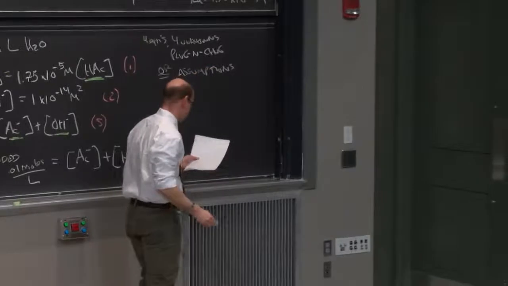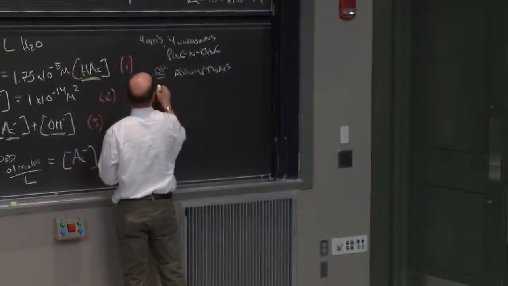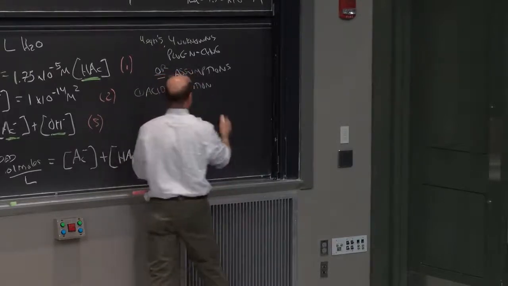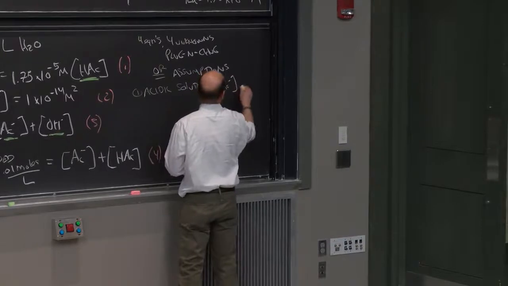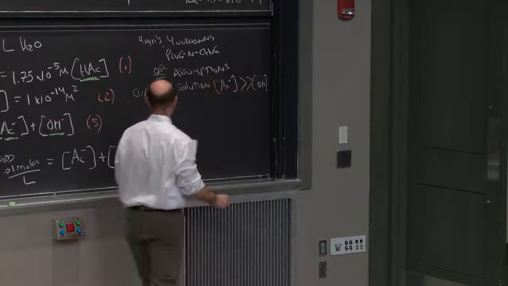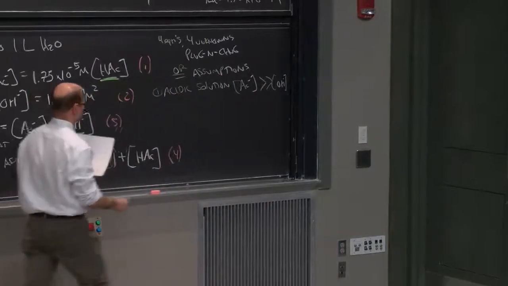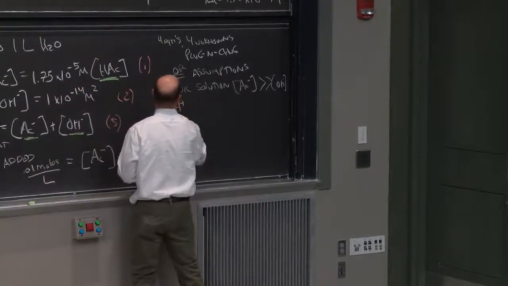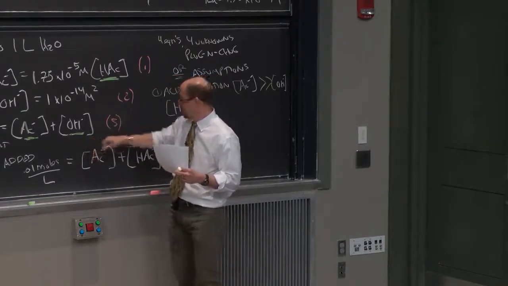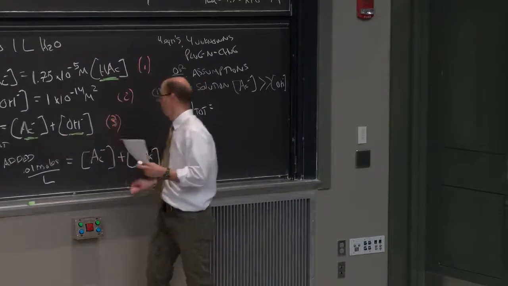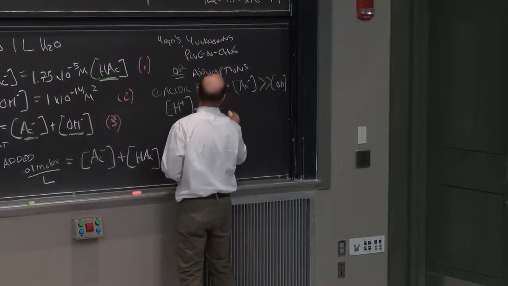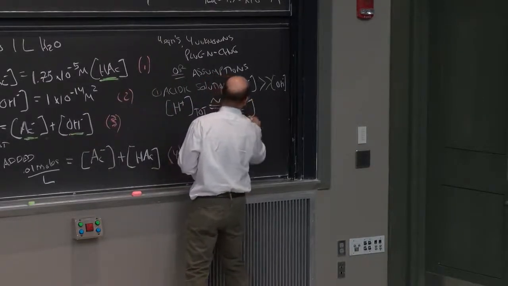So the first assumption I think we can make is that it's an acidic solution. And that means that we can probably say that the concentration of acetate anion is greater than the concentration of OH minus, our hydroxide anions. And that means, therefore, we can write that the total proton concentration, which we said in equation 3 was equal to acetate plus OH minus, is probably about equal to just the concentration of acetate anions.